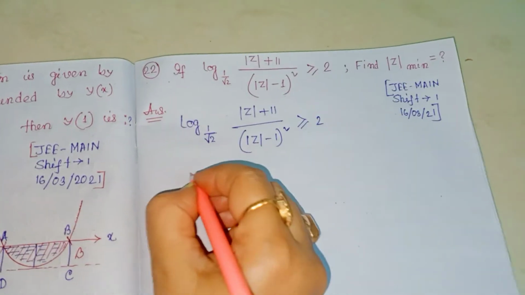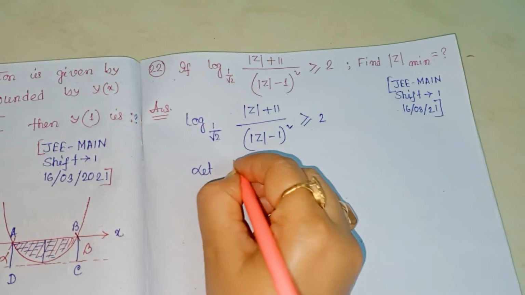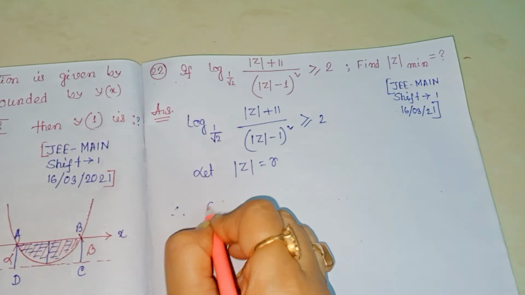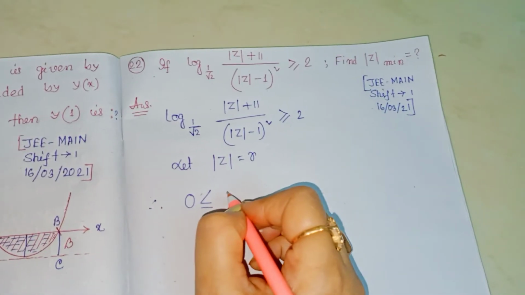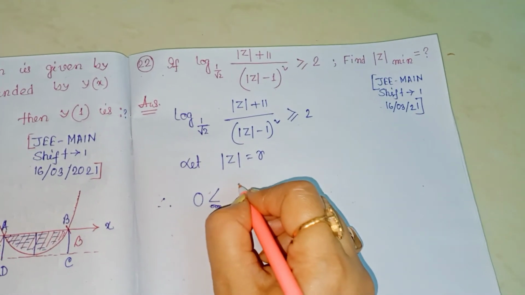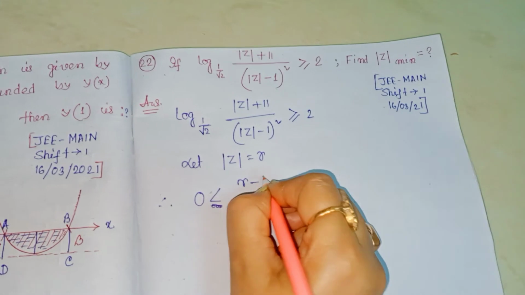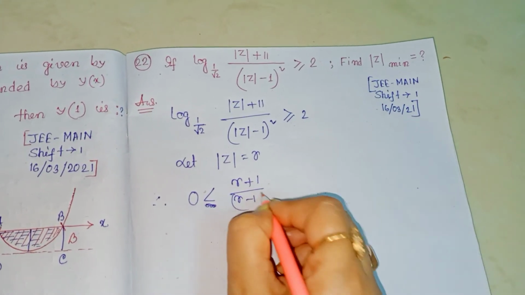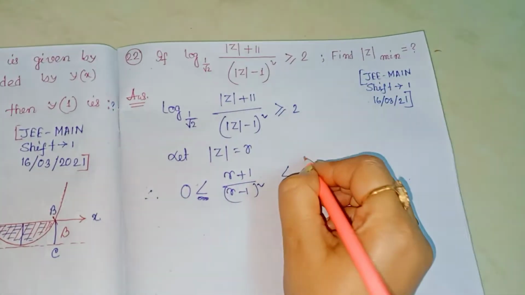So now let mod of z is equal to r. Therefore 0 less than (r plus 11) divide (r minus 1) whole square, less or equal to half.